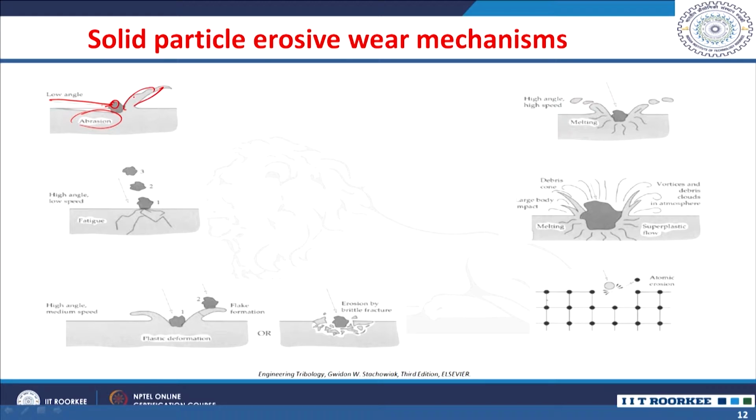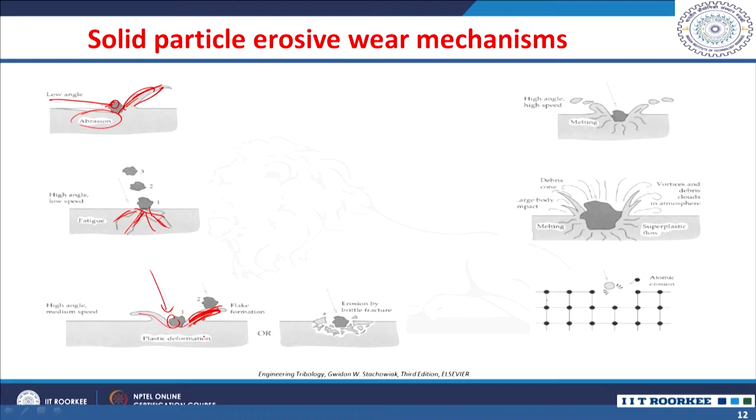So, you will have material removed as chips. Fatigue occurs at higher angles and lower speeds, where surface or subsurface cracks propagate, which leads to material removal. So, fatigue actually contributes to the erosive wear. For solid particles impinging at very high angles like 90 degrees but with a medium speed, you will have plastic deformation of the surface, which leads to flake formation or thin sheet-like material removal, right.